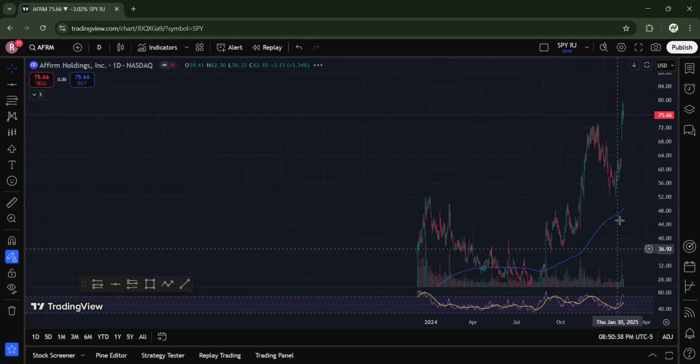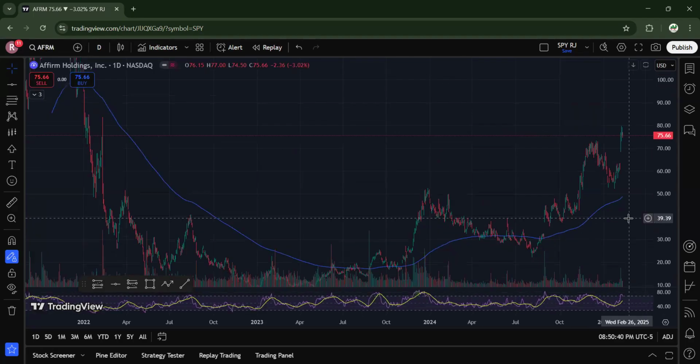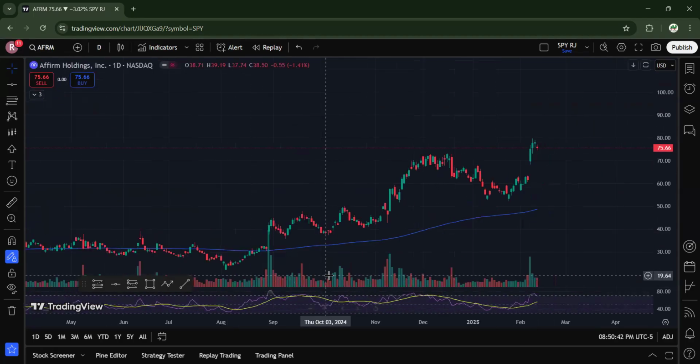So this is a firm. If we was to look at a firm here, we can see that they gapped up, right? So they had earnings. One thing that I will tell you is if you look at the chart, there's no setup, right? Not yet. But what you do have is a level.